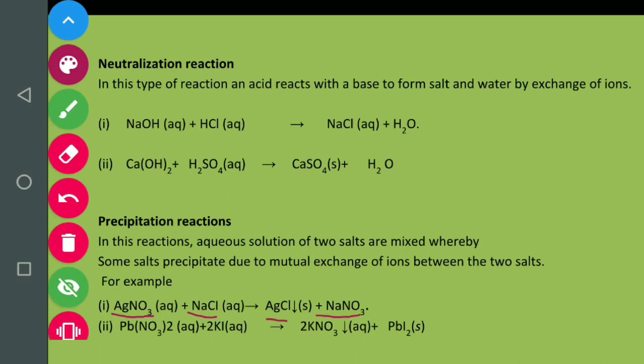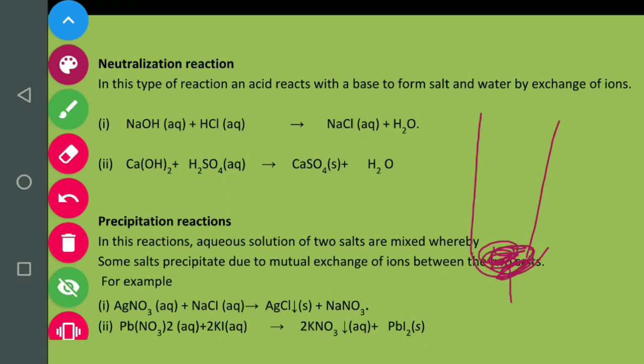Here Ag positive combines with Cl negative to form AgCl. There is a mutual exchange of ions. Similarly, Na positive and NO3 negative form NaNO3. With this mutual exchange of ions, some solid part or paste is collected at the bottom of the test tube.